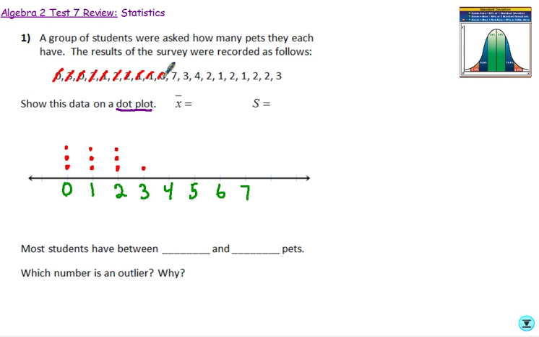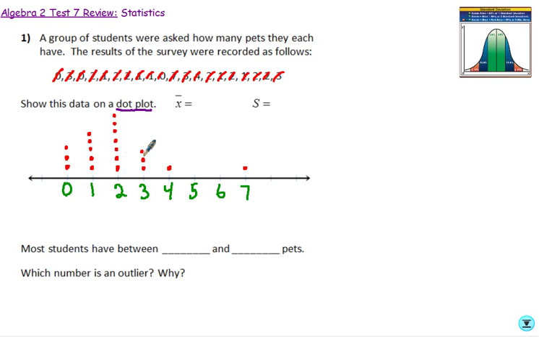I wouldn't try to count too much ahead, though, because then you lose track of where you are, and we don't want to make any mistakes. 7 3 4, so I'm just going to count in groups of 3. That's an easy number to manage. 7 3 4. 2 1 2, 2 1 2, 1 2 2, so I've got 1 2 2, and then to finish it off we've got 3.